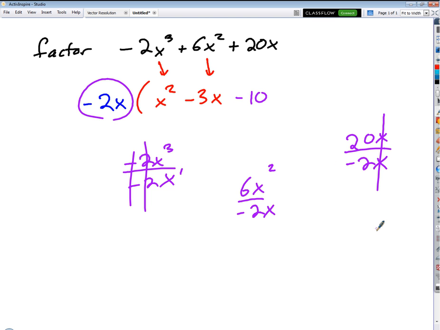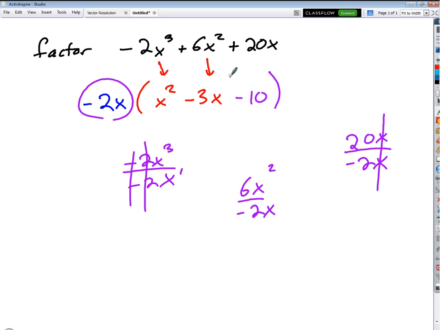And x divided by x is 1. They cancel, right? Make sense? Okay, and then now we've got a -2x out front. That factor is taken care of. Then all we'd have to do is just deal with the quadratic now, right? And you know how to do that. That's not a big deal.